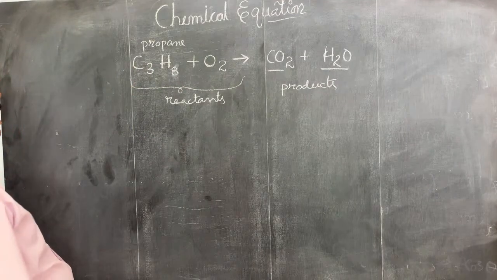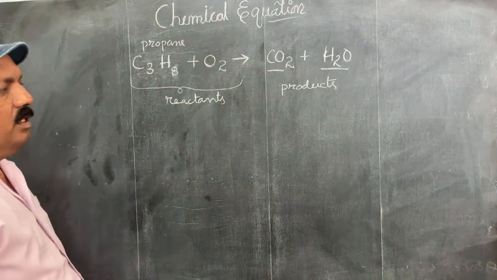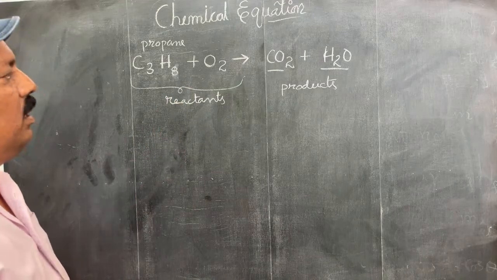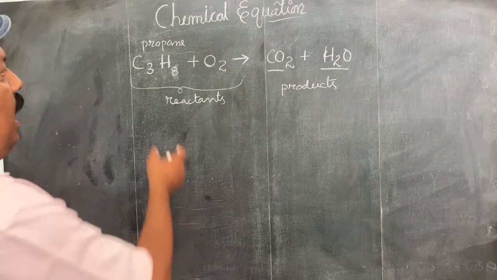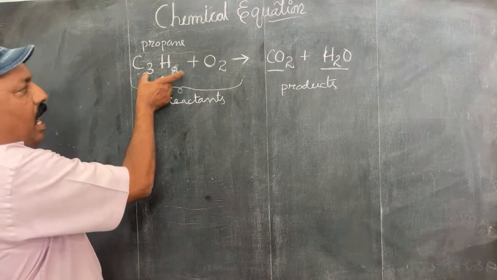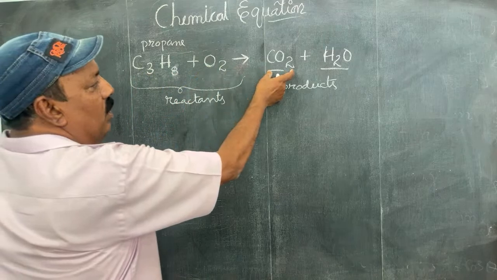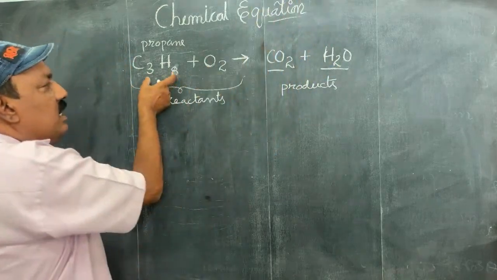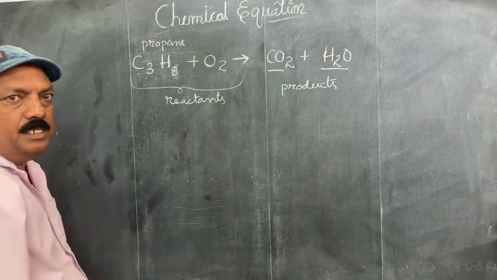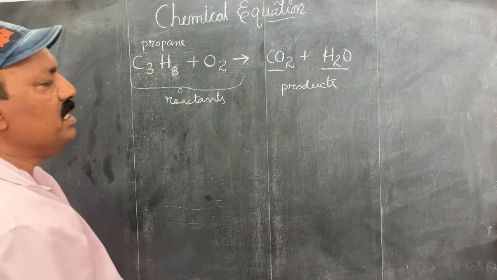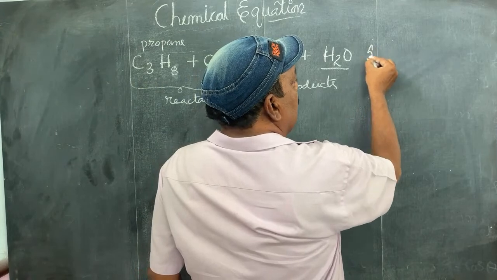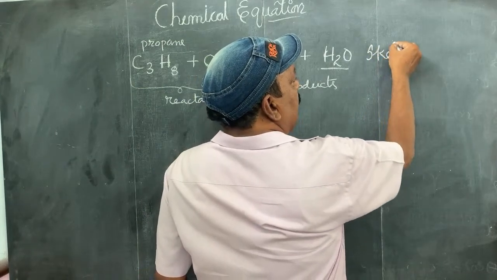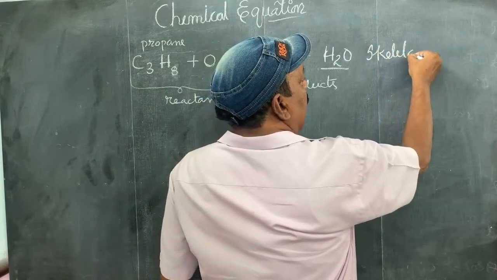You may find some confusion here. I am taking propane gas, adding oxygen, and getting carbon dioxide and water. But this equation is not balanced. This unbalanced equation is called a skeletal equation.